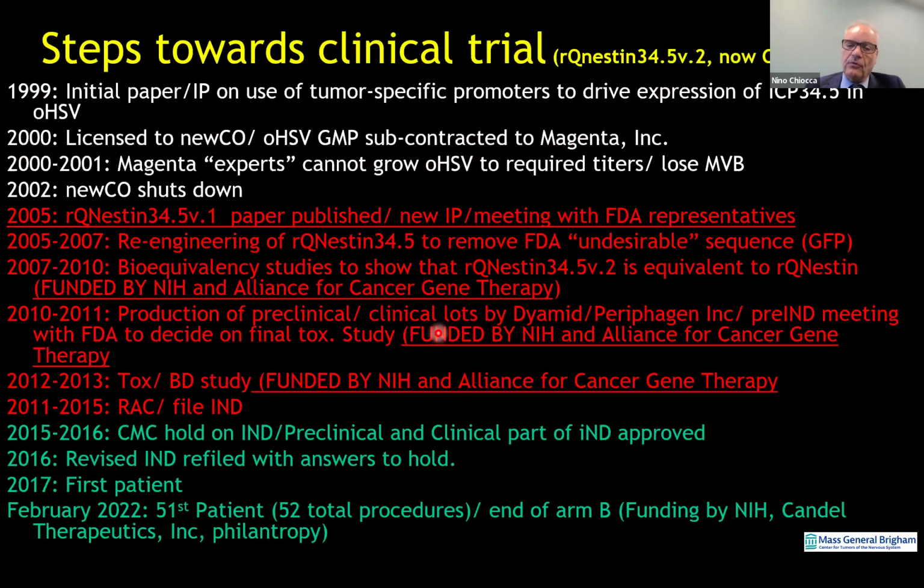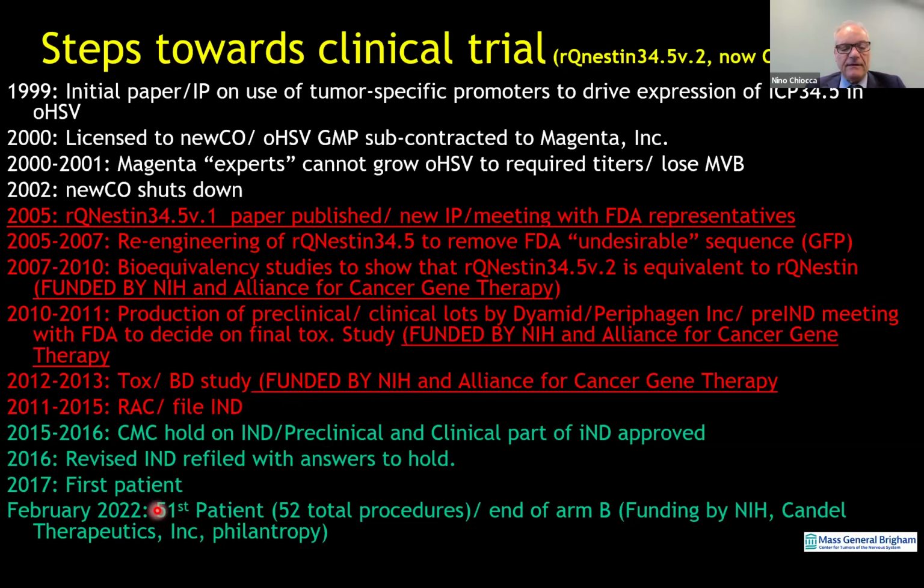Then we went totally through an academic approach and got funding from the NIH Alliance for Cancer Gene Therapy, as well as philanthropy, to get this to what's called an investigational new drug, an IND. We were able to send this to the FDA, and they finally approved the IND, and we treated our first patient with this virus in 2017.